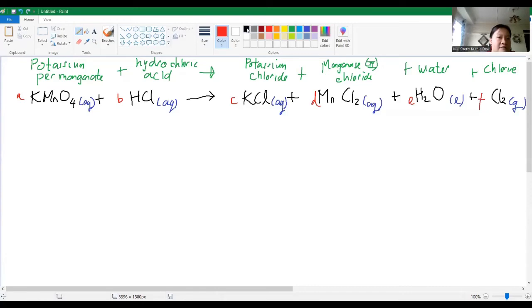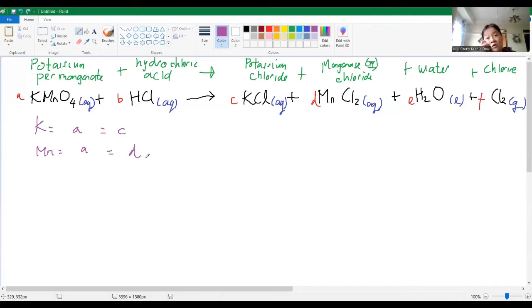Potassium is A in the reactant, equal to C in the product. And then Mn. Mn is A in the reactant and D in the product.